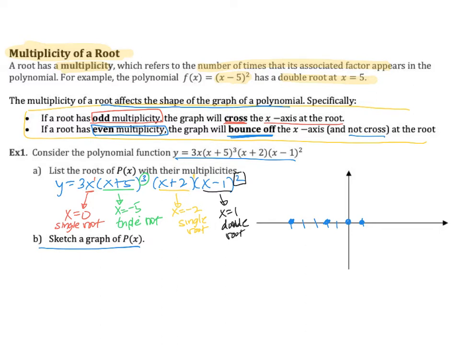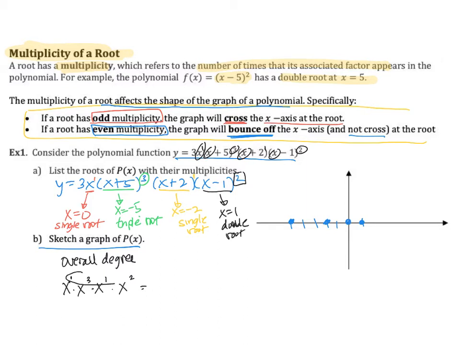All right, now in order to sketch, we need to know what the overall degree is. This was x to the first power, x to the third power, x to the first power, and x to the second power.